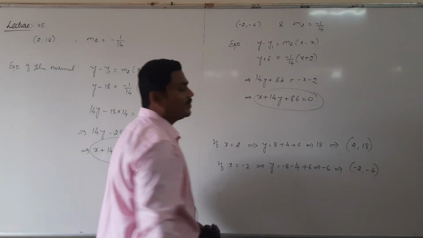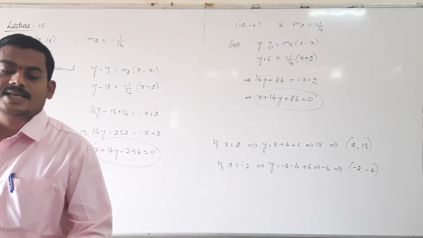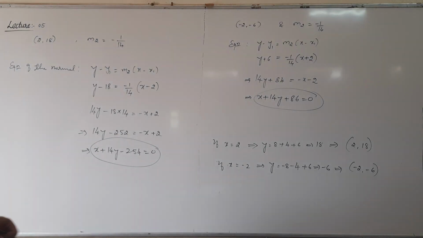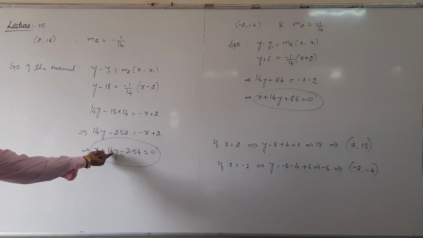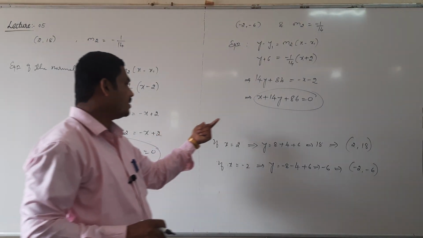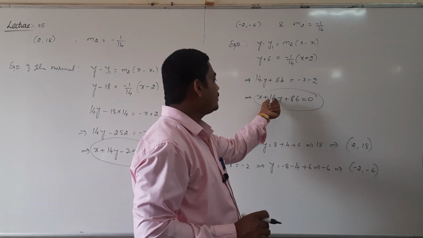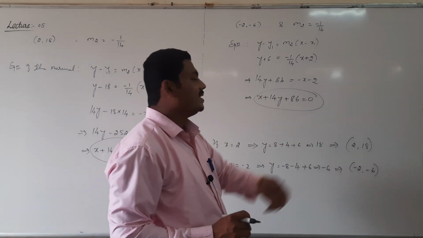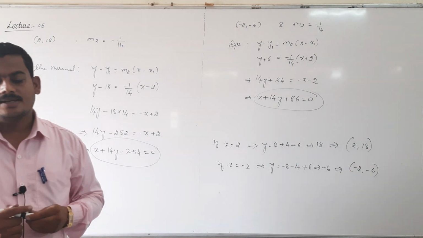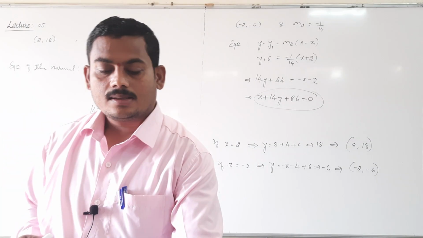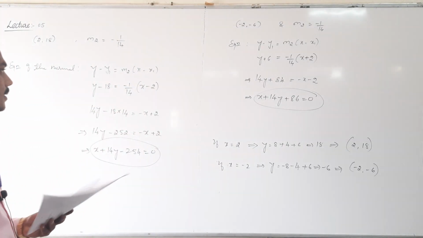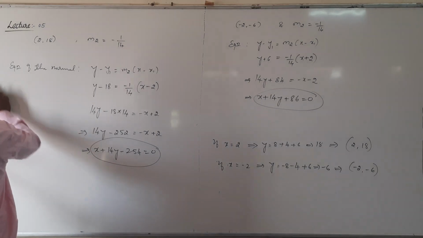This is another equation. In this case there exist two normal lines. One is x plus 14y minus 254 equal to 0. Another one is x plus 14y plus 86 equal to 0. Right? Next question.